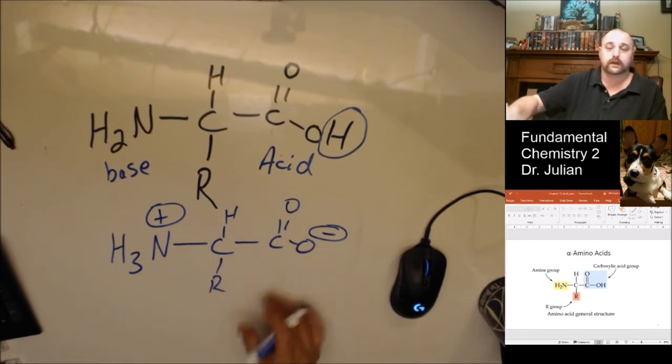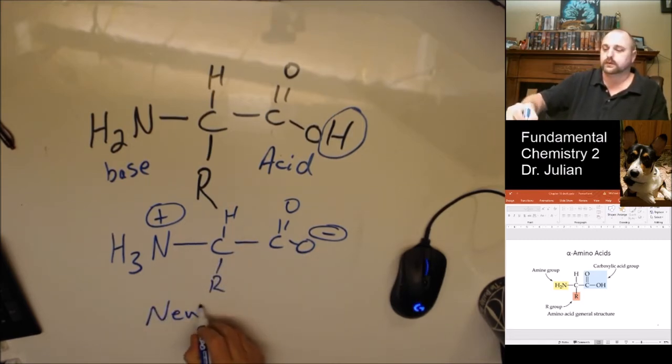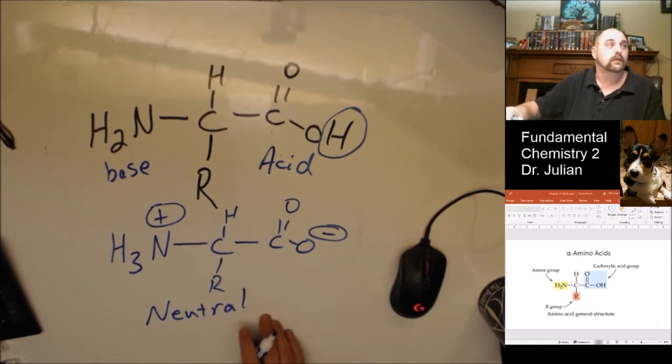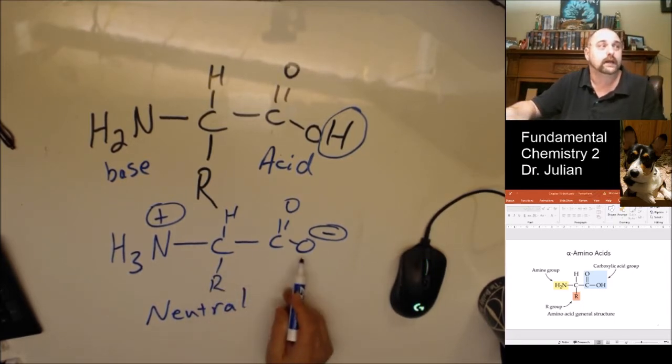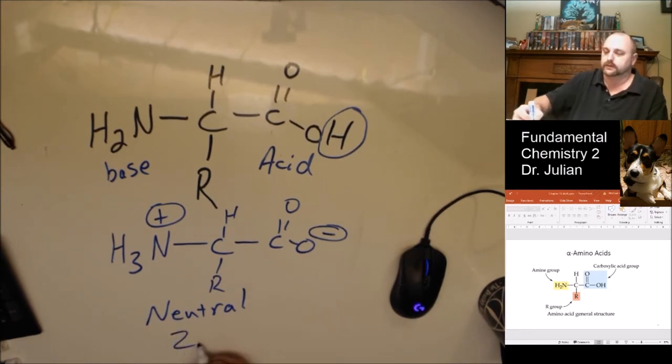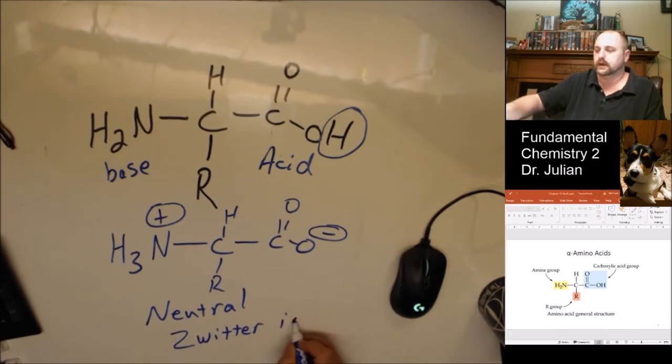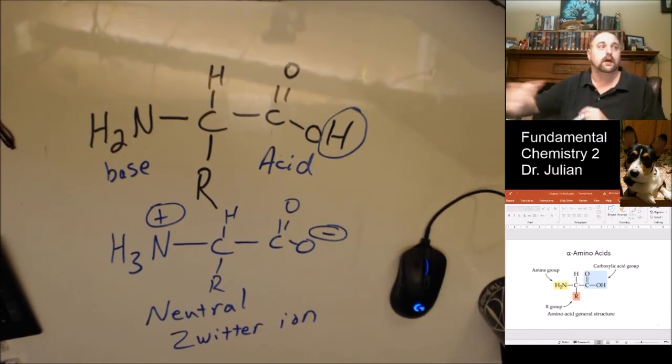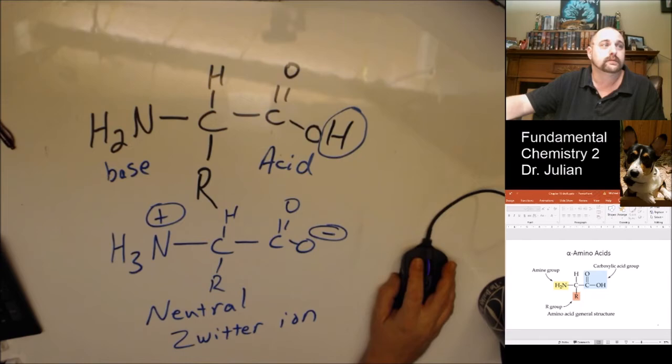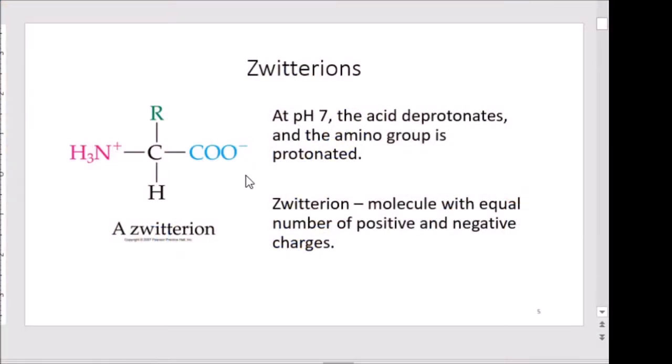Now the whole thing is neutral, but it has both a positive and a negative in the same compound. This has a very special name. This is a Zwitterion. Zwitterions have both a positive and negative, but they're going to have equal amounts of positive and negatives.